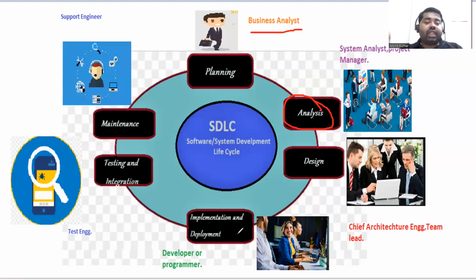Once complete testing and integration are done, we have maintenance. In maintenance we have a support engineer. In a product-based company, we deploy on our own server; if it is client-based, we deploy on the client's server. When deploying, we do some testing, and the testers might be Apple's or TCS's, depending on the team and how they manage things.